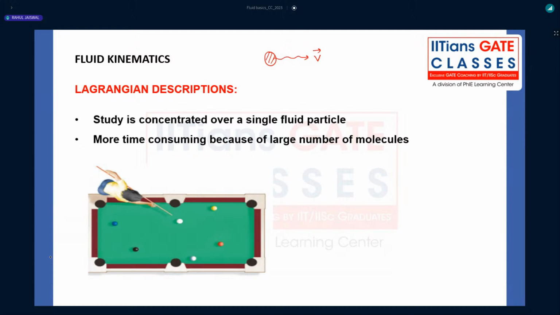Before discussing fluid kinematics, there is a major difference between solid mechanics and fluid mechanics. Anyone know the differences? See, very quickly I will cover this.